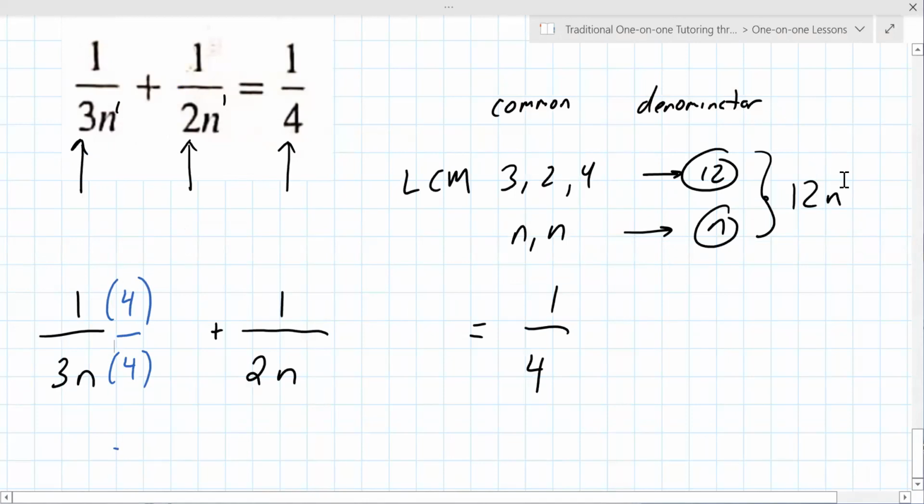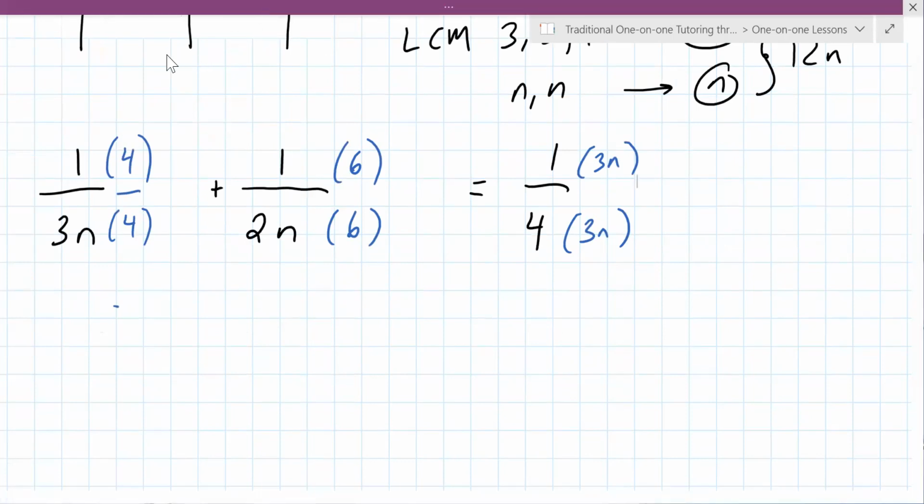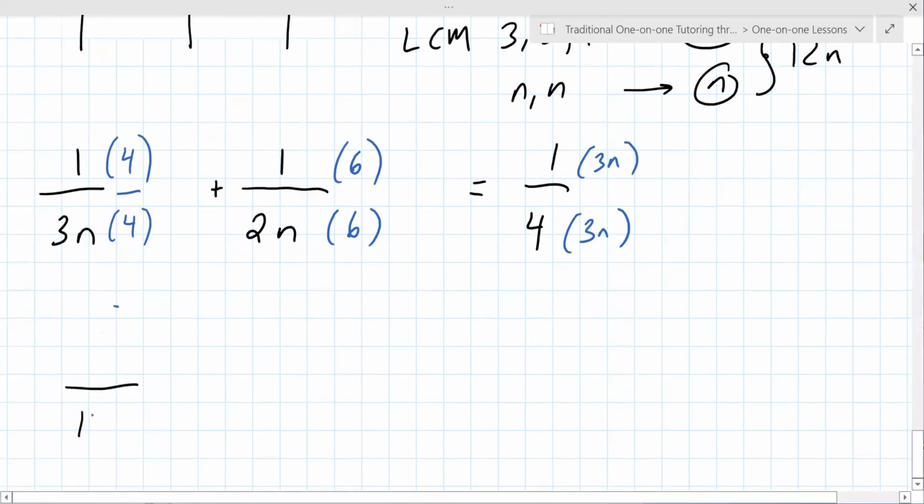What do you multiply 2n by to get 12n? 6. And then same thing over here on the right. What do you multiply 4 by to get 12n? 3n, right? Because it's the only one without a variable, so it has to be multiplied by a variable. If you don't have 12n on the bottom, the whole point of this was so that you got 12n on the bottom in all 3 places.